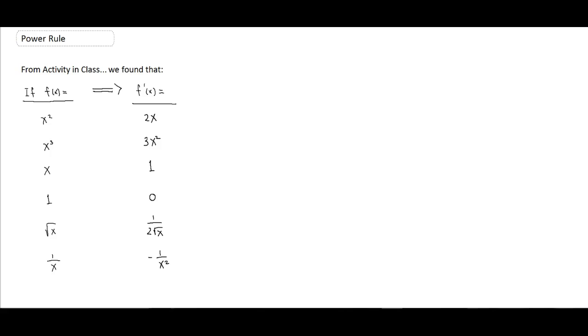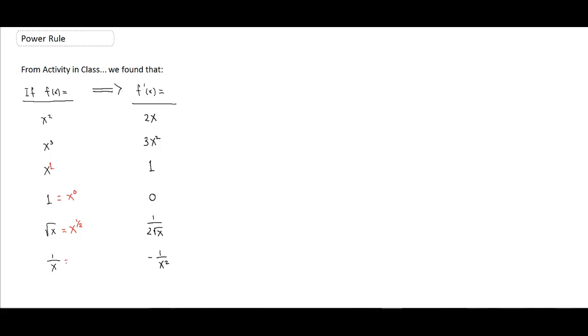So x squared is already x to a power, so is that. And let me emphasize for this x, this is actually x to the first. And then for 1, we can definitely write this as x to the 0. And square root of x is the same thing as x to the 1/2 using that fractional exponent.